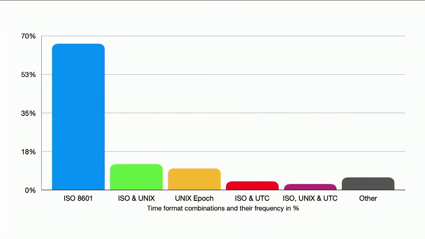Under other, there are, I think, like 10 more combinations or single ones, which are very, very odd. But most of the time, the format used in Sysdiagnose is ISO 8601. And after that, the ISO and Unix combination is used most.